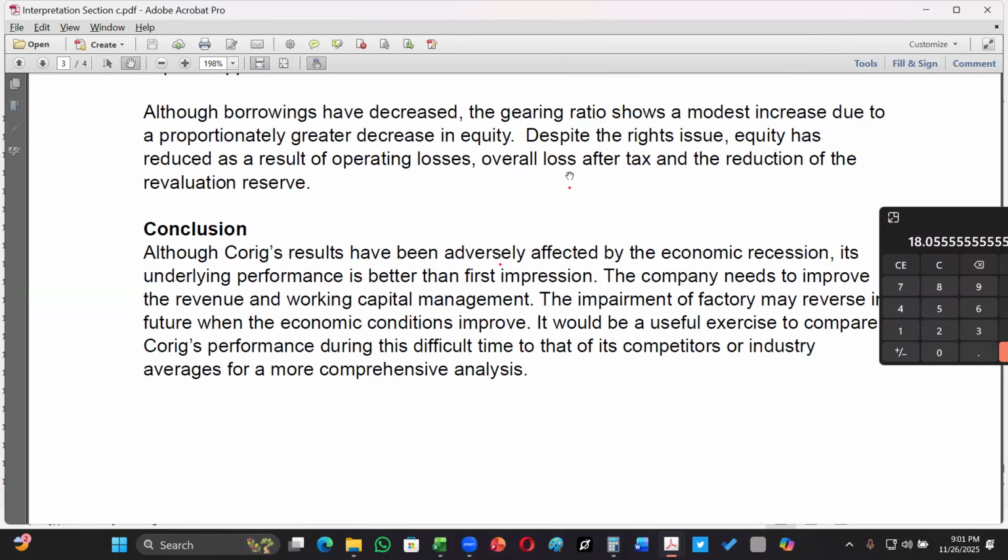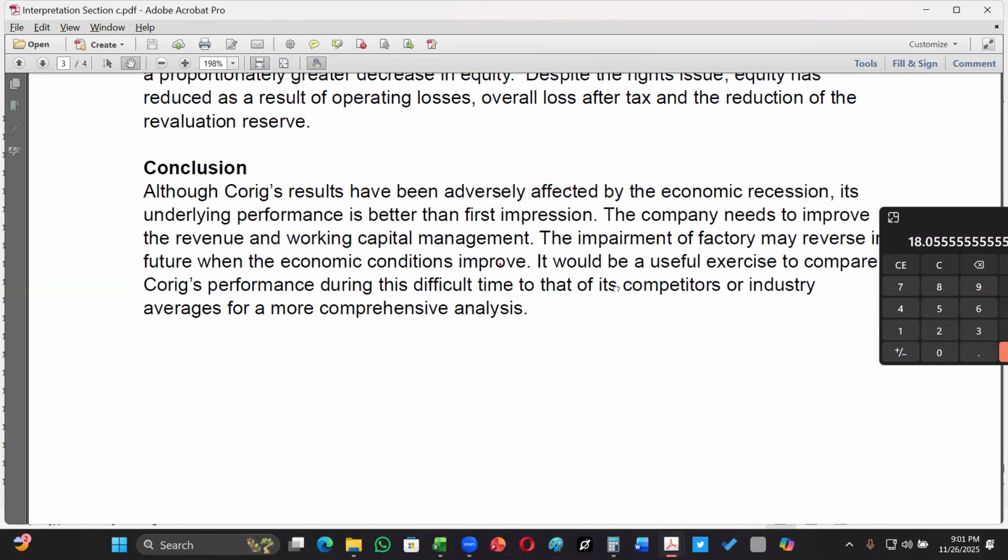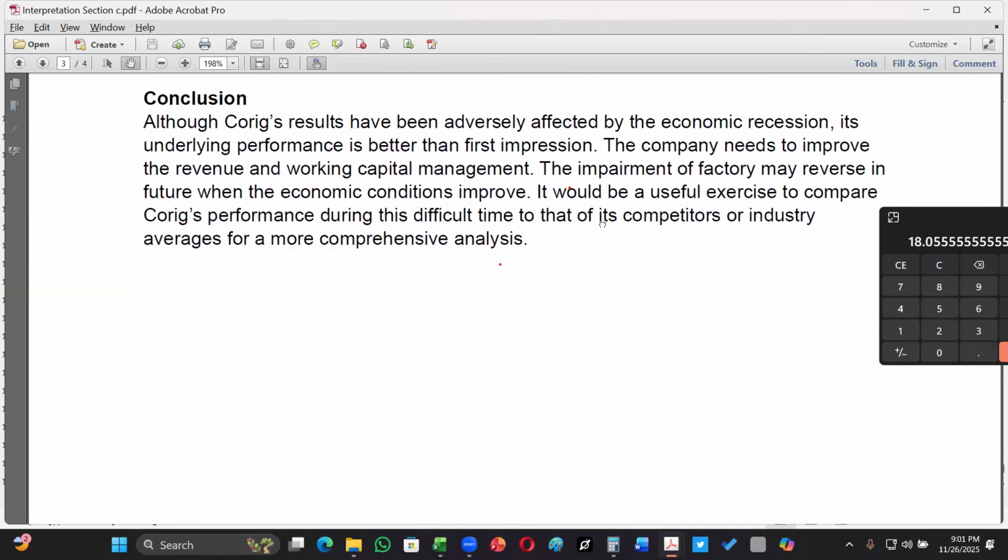Fine. So overall, if we look at the conclusion, we could say that things are not as bad as they seemed, and they are doing well. The Coric results have been adversely affected by the economic recession. Its underlying performance is better than first impression. The company needs to improve the revenue and the working capital management.